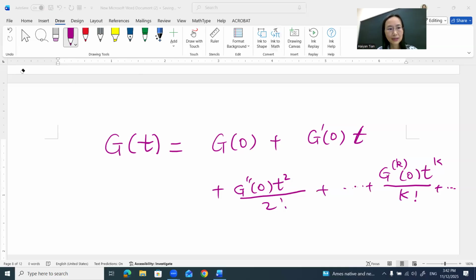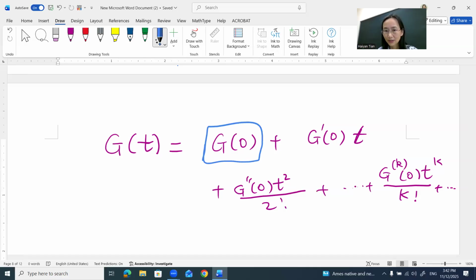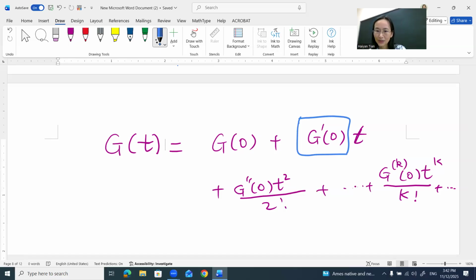What we see here is that G evaluated at 0 is the identity. We know it, right? This fundamental matrix at 0 should be the identity. What is the fundamental matrix if we take the derivative of G evaluated at 0? Think about that one. And also, what about the second order derivative of G, the matrix at 0?